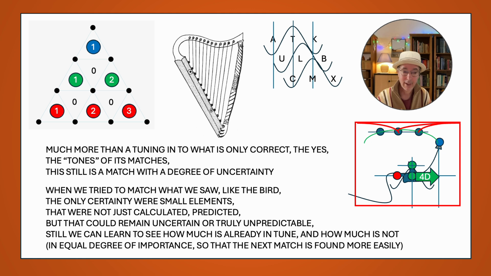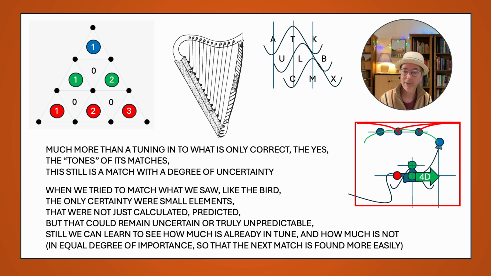I have to put that more into perspective, because the tones of all these matches also have a certain uncertainty, also deal with the factor of uncertainty. So when we try to match what we saw, the bird, there was only certainty on to the small elements, the building blocks. They were not just calculated or predicted, but they also had and remained uncertain, with a certain unpredictable factor in it.